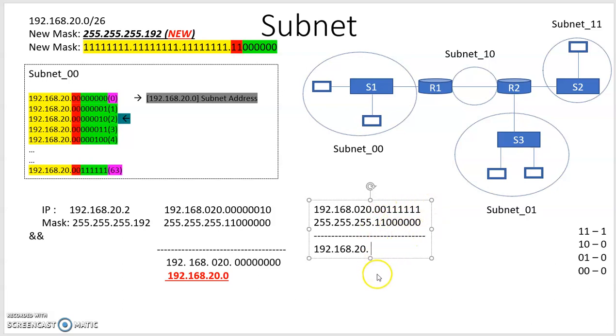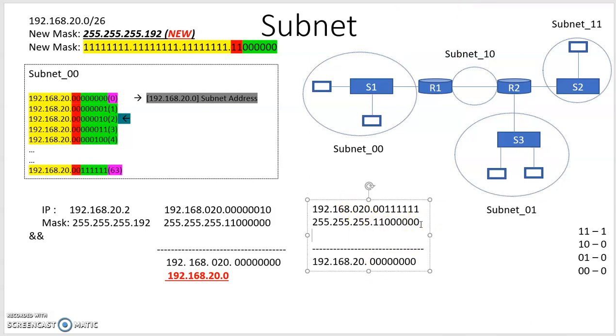Likewise, all of them are 0. So we end up getting 1, 2, 3, 4, 5, 6, 7, and 8 zeros. So what is this number? This number is 192.168.20.0.